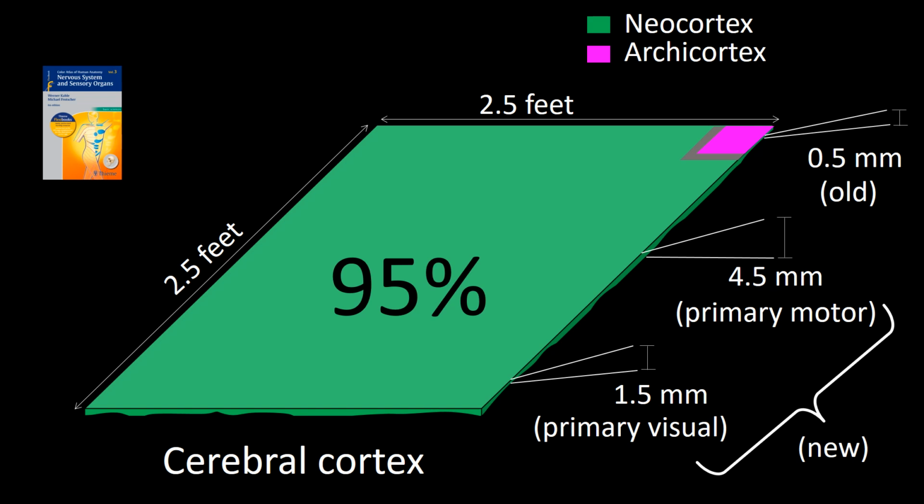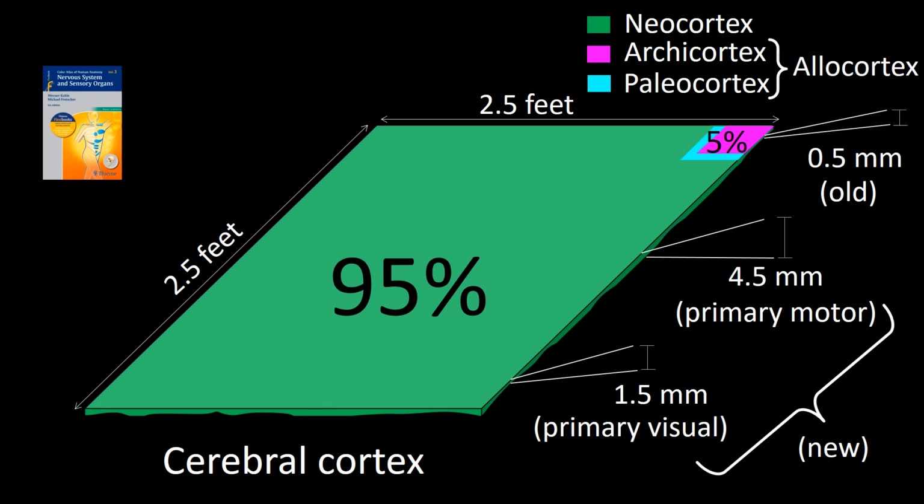The archicortex, a cortex evolutionarily older than the neocortex, constitutes about 3.5%, and the paleocortex, the evolutionarily oldest cortex, constitutes the rest, about 1.5%. Together, the archicortex and the paleocortex occupy about 5% of the human cerebral cortex.